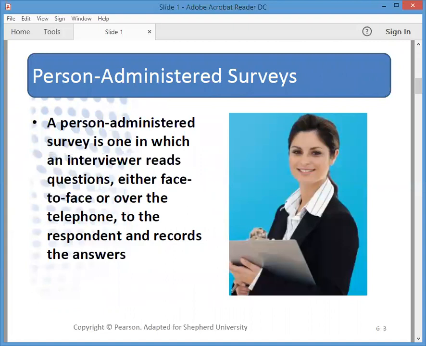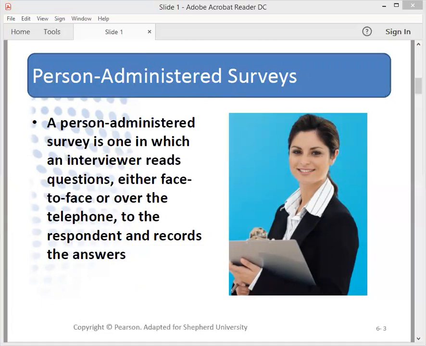A person-administered survey is where an interviewer reads the questions either face-to-face or over the telephone to the respondent and then records the answers. Person-administered surveys have some unique advantages.